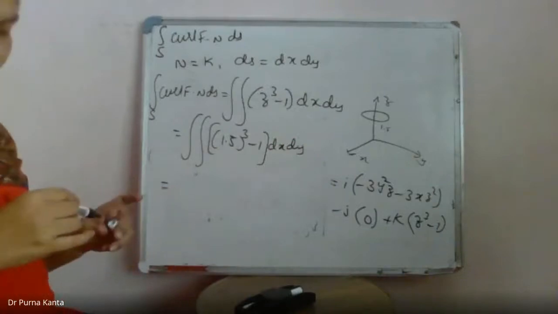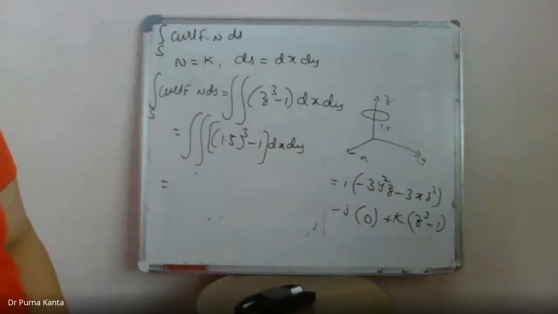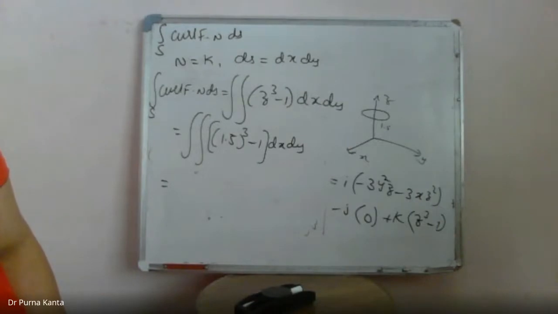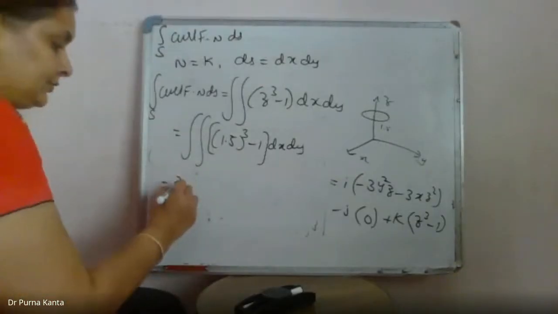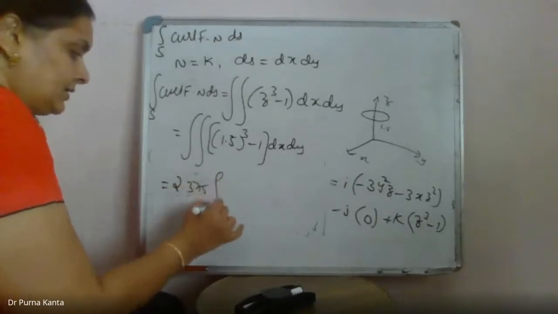Calculate 1.5 cubed minus 1, which is 2.375. So 2.375 is a constant value.